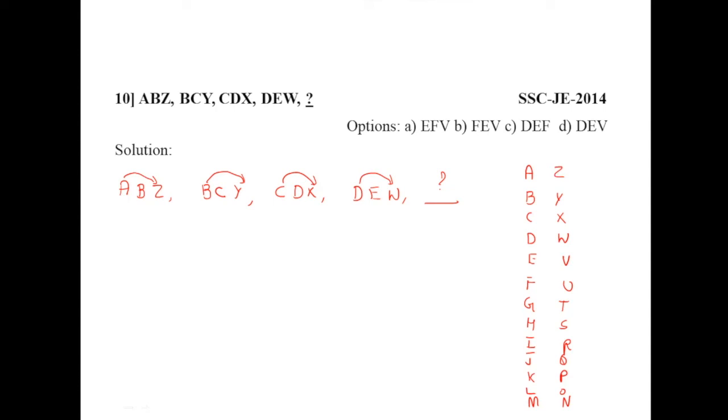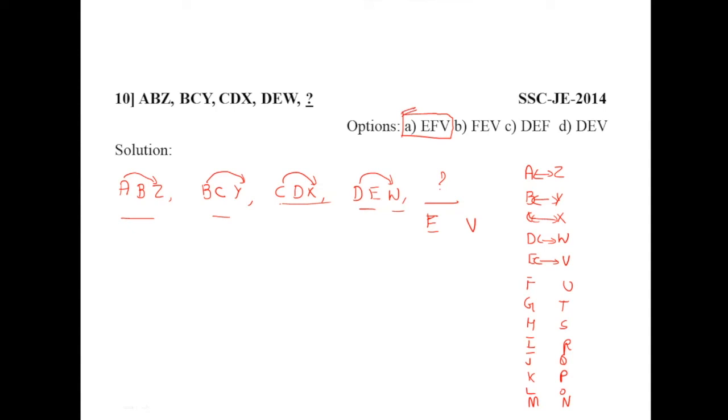For the first series it is A to Z, yes. For the second it is BY, yes. Third it is CX, yes. Fourth it is DW, yes. So next will be EV. So the first letter is E, the last letter is V, and what is the middle letter? You can directly see the options. Only one option starts with the letter E, so the answer is option A. Now how to find the middle letter?